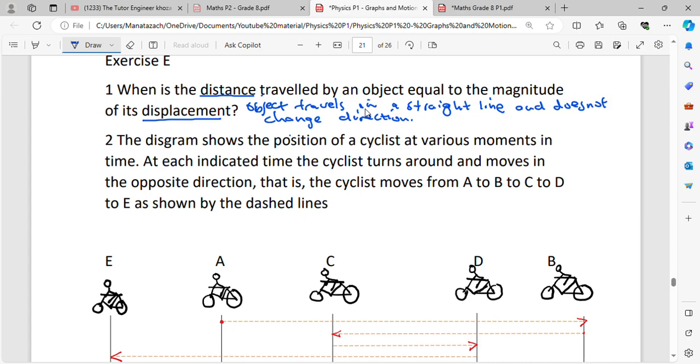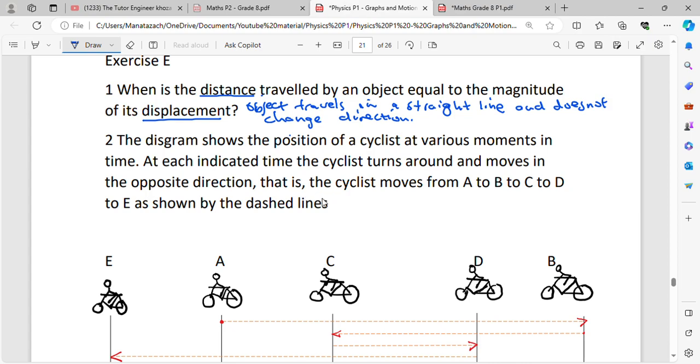Then question 2. The diagram shows the position of a cyclist at various moments in time. At each indicated time, the cyclist turns around and moves in the opposite direction.